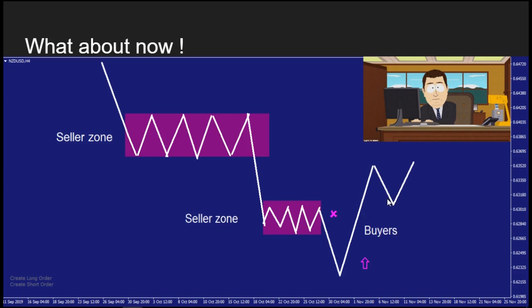So far, one of my checklist items has been done, which is that they started to make a zone. But there is very important information that I need to look for as well: if there is anything stopping this market from advancing. When I look at the left, I see this huge seller zone.